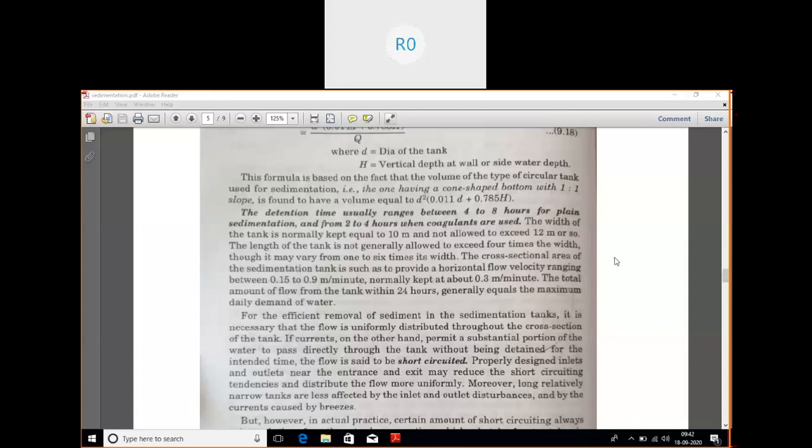Ma'am, can you suggest us the book name? Actually, there are many books, but the one that I am using is a two-part book. There is volume one and volume two.